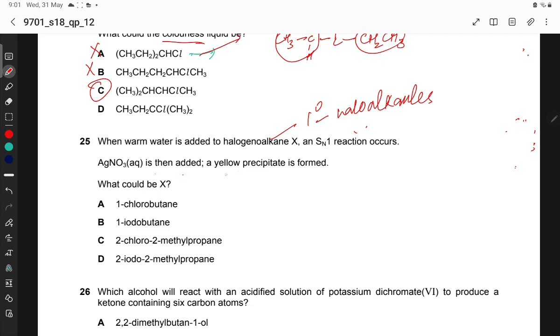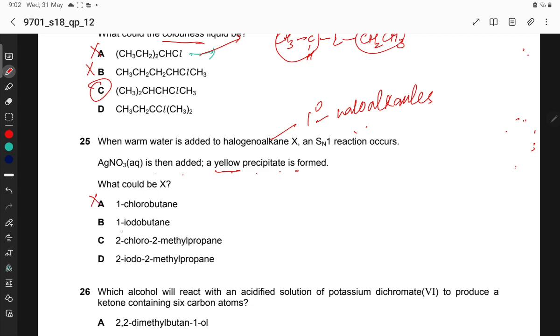AgNO3 is then added and a yellow precipitate is formed. So 1-chlorobutane, yellow precipitate, it means iodine must be present. Iodine is present in this haloalkane, so this is incorrect.